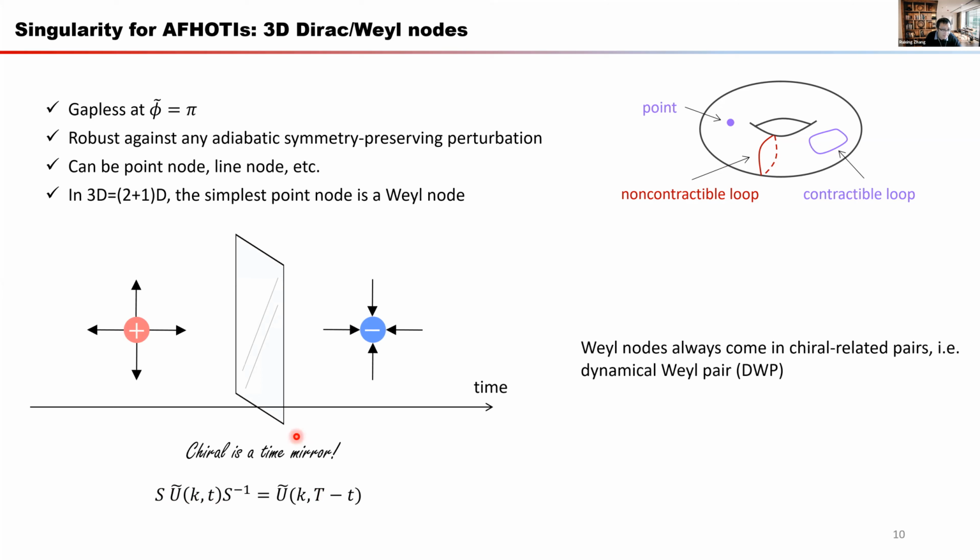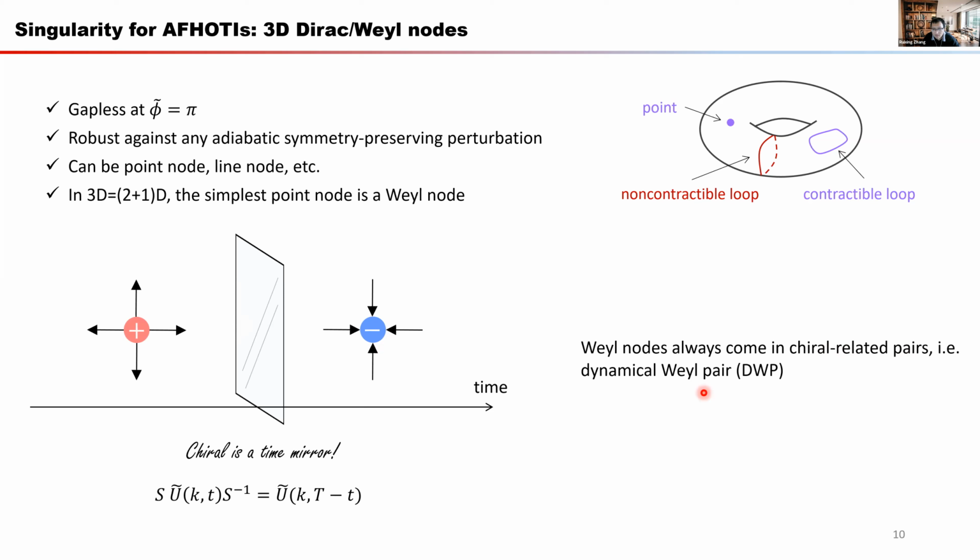Since the chiral symmetry is just a time mirror, if you have a monopole charge here, the chiral symmetry will always require the existence of a chiral partner, which is another Weyl point living at a symmetric position along the time direction, but carrying a negative monopole charge. So the Weyl nodes here are always coming in chiral-related pairs. This is what we call a dynamical Weyl pair.